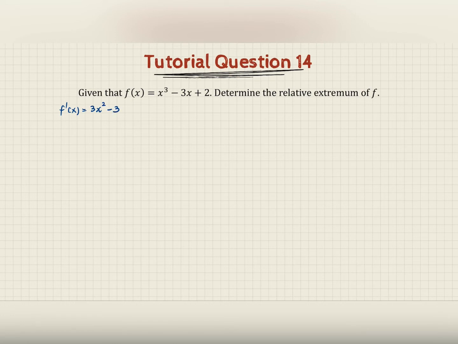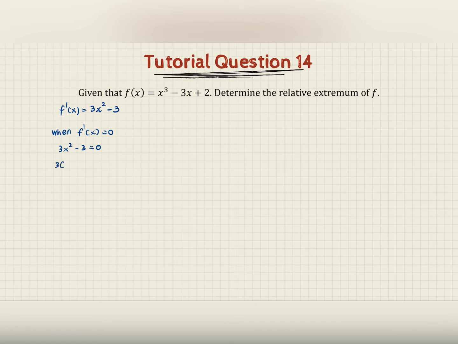Okay. So, kat sini nak dapatkan relative extremum, kita kena cari f prime x equals to 0. Kan? Kita kena dapatkan f prime x equals to 0, dapatkan value of x dia apa. So, kat sini, when f prime x is equals to 0, so 3x square minus 3 equals to 0.